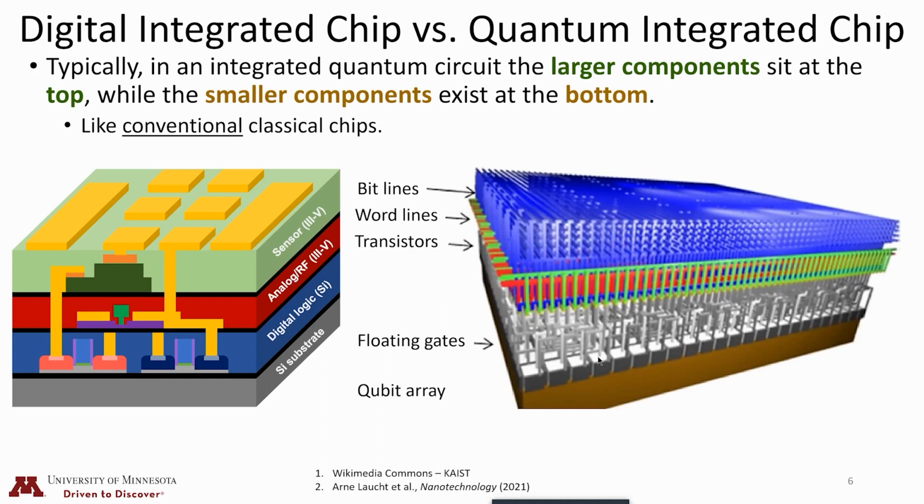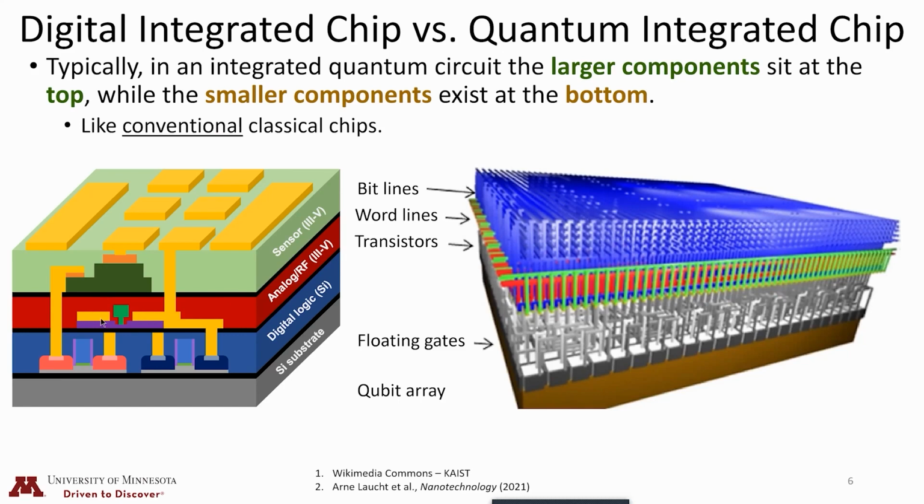But then at the bottom, this is where the qubit arrays exist. Whereas for an integrated semiconductor device, on the other hand, a classical device, the digital logic, the transistors, all those critical components are very small components.